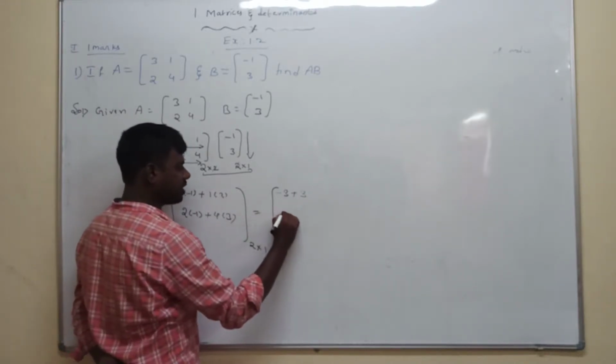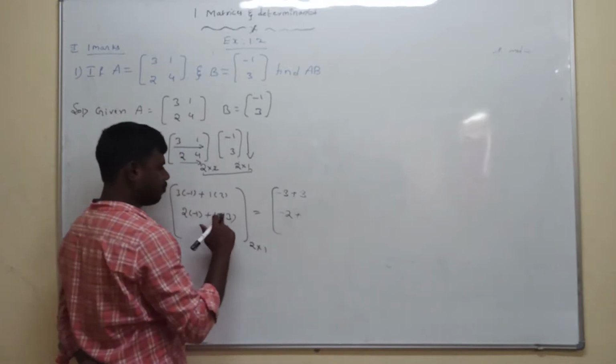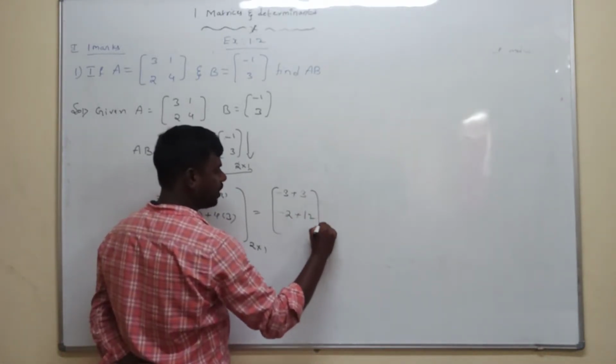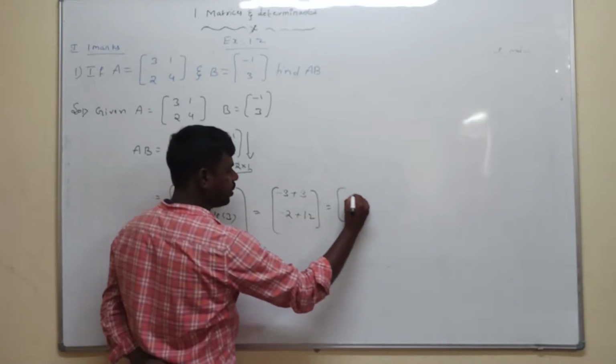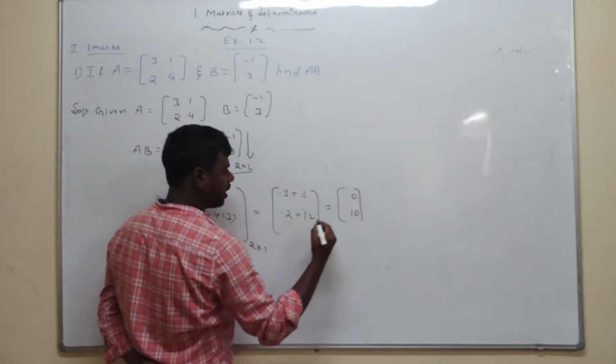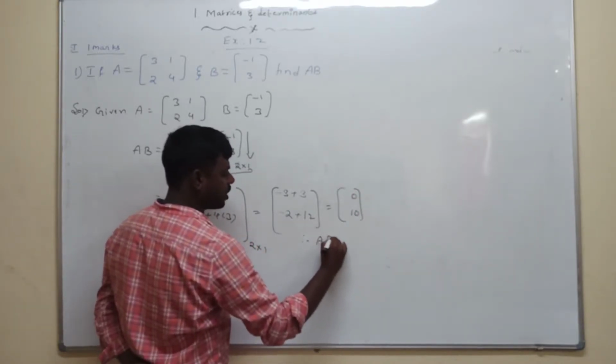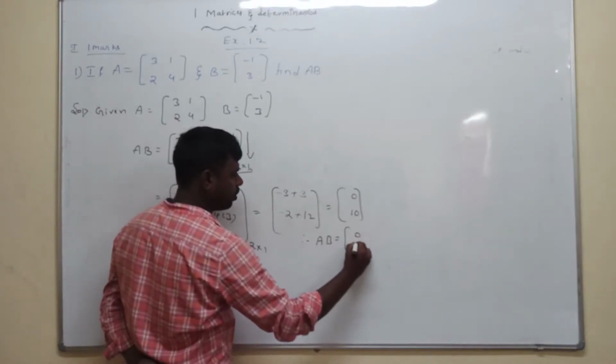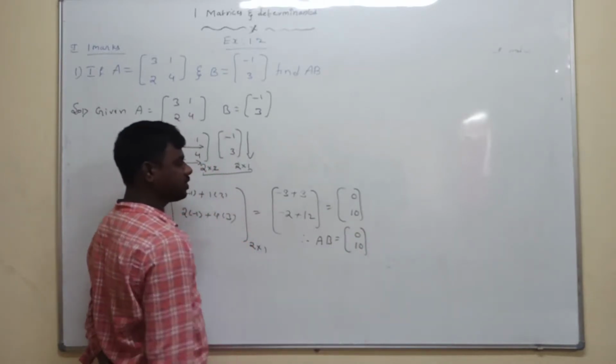Next, second row, first column: 2 into minus 1 is minus 2, plus 4 into 3 is 12. We get the final answer: 0. This is the product AB. This is the required solution.